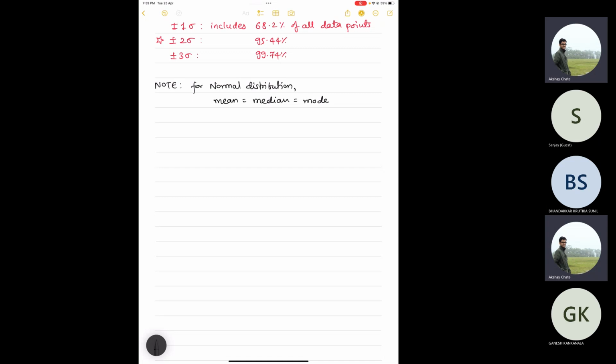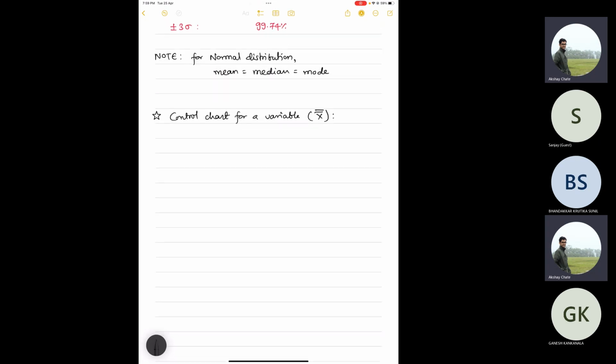Okay, so we'll take this example. Control chart for a variable, and this is like mean of mean, that type, not a range. Range one will be similar, but here we are taking first that X double bar chart.